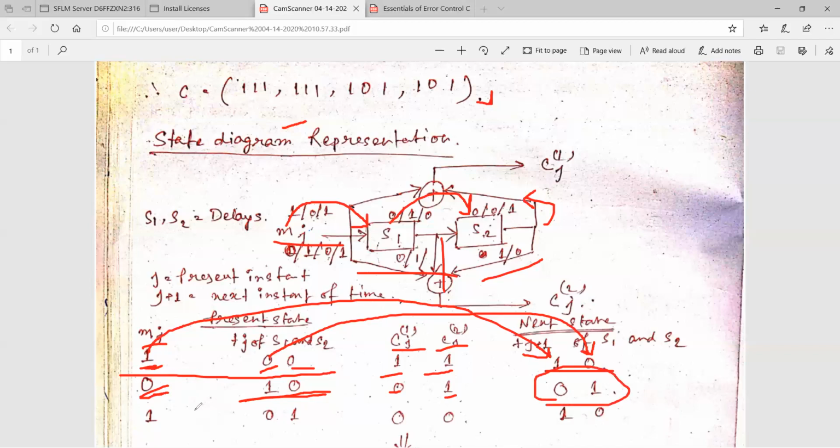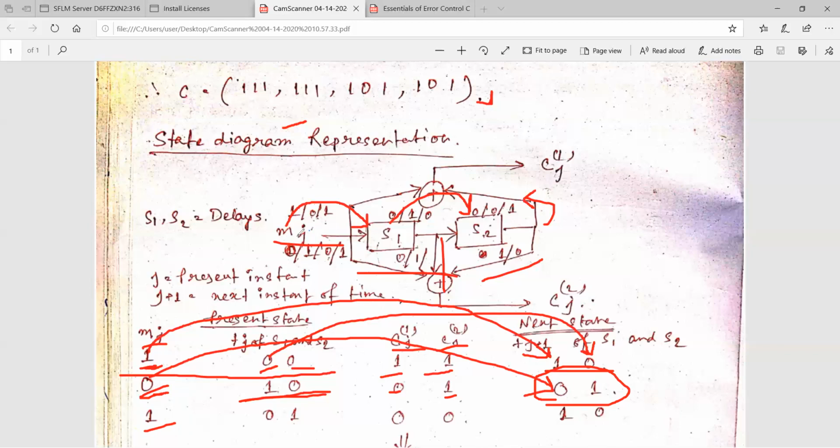So before going to the next step, we are just assuming that we are initializing this message bit as 1. We are feeding this encoder 1. So when 1 is present in the message bit, then the previous 0 will be shifted to S1, right?